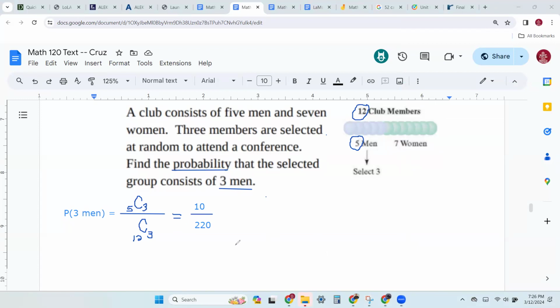Remember, your fractions are always going to have to be simplified, so that's going to take off both of these divisible by 10, so it's going to be 1/22.